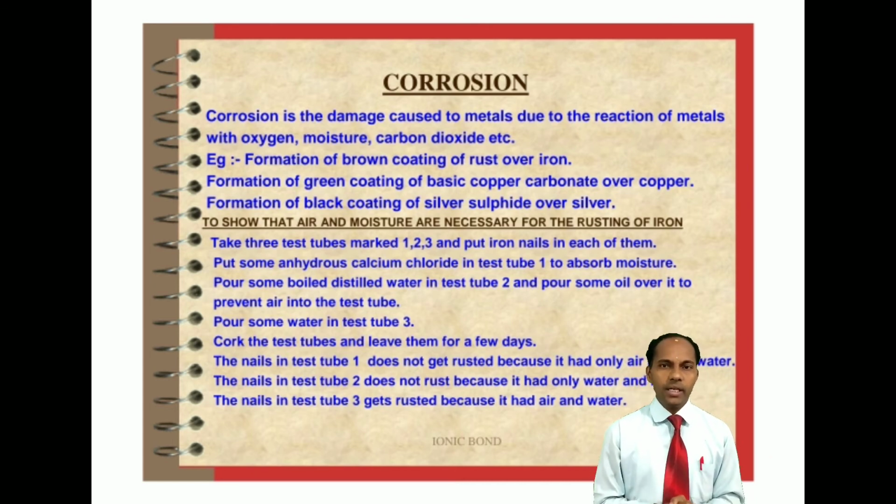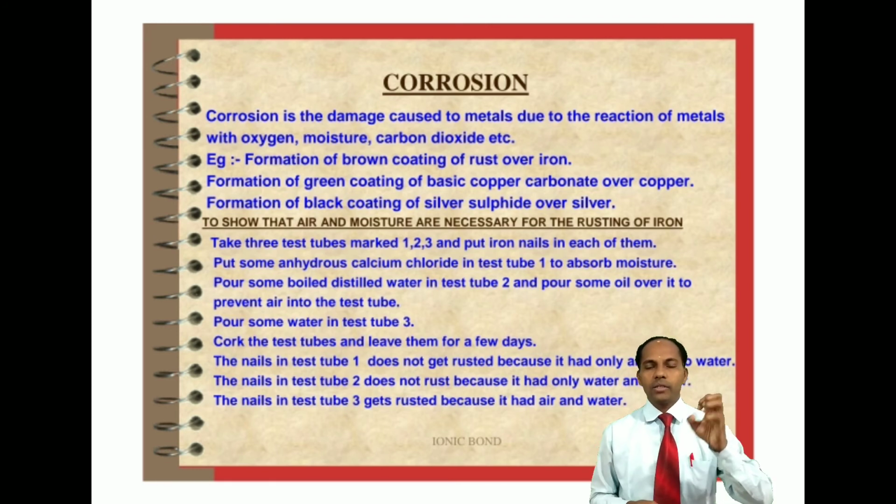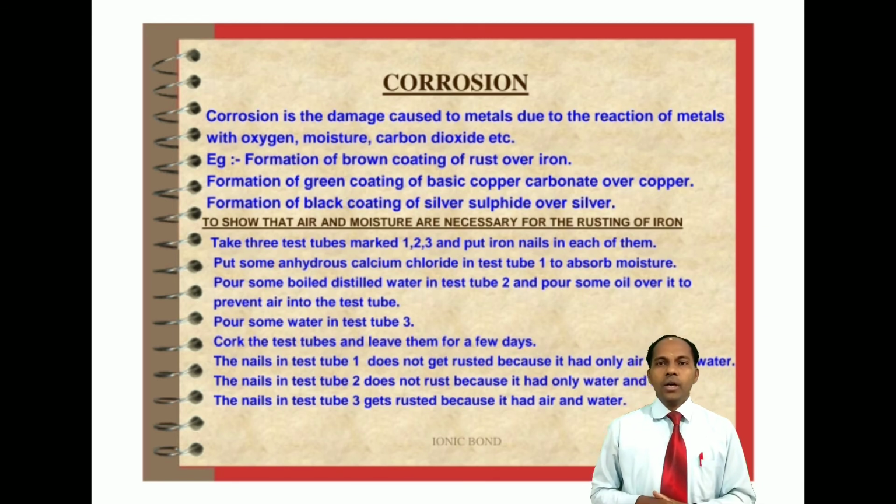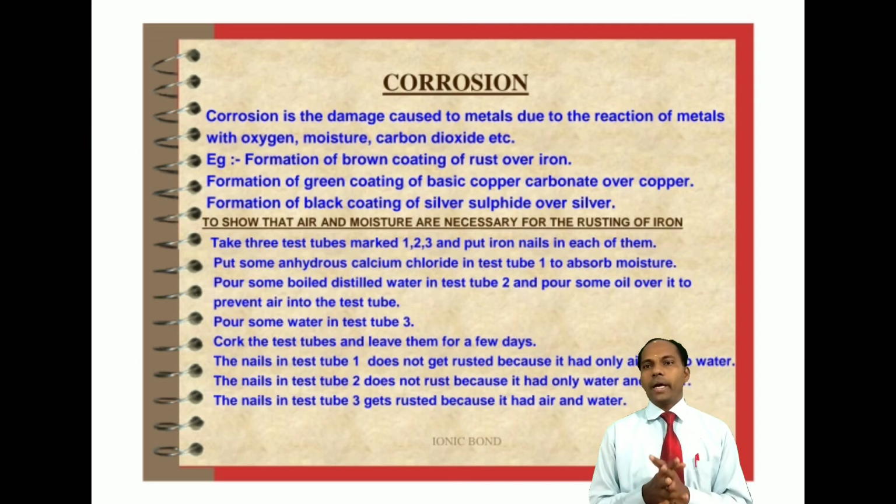Now we check the nails. The nail in test tube 1 does not get rusted because it had only air and no water; whatever water was there was absorbed by calcium chloride, the drying agent. The second test tube does not rust because it had no air, it had only water, because it is corked and also oil was on the top.